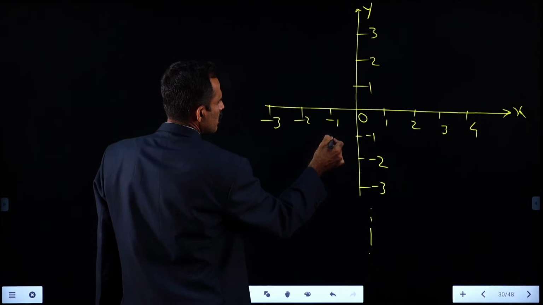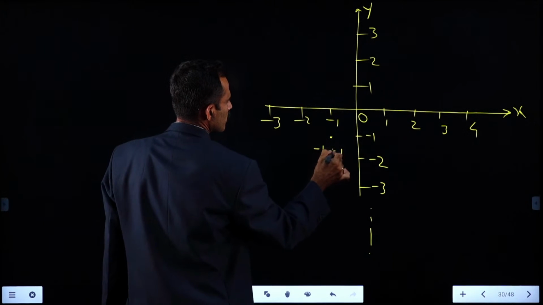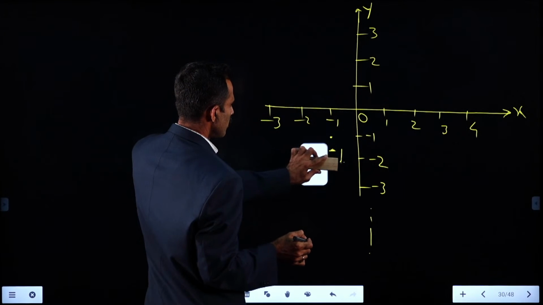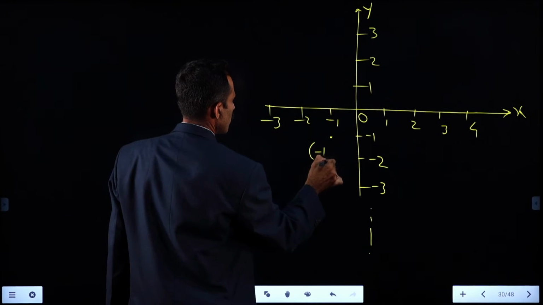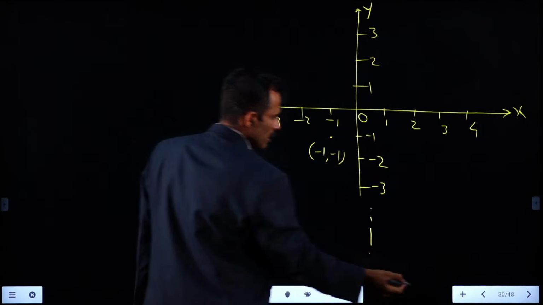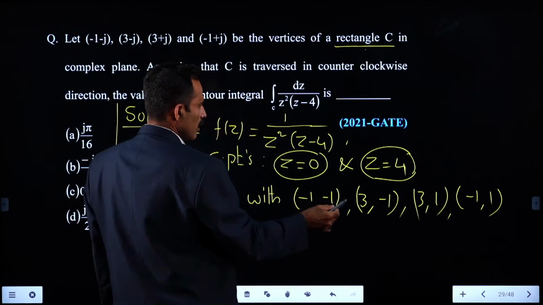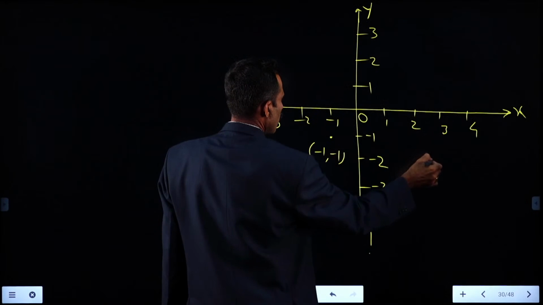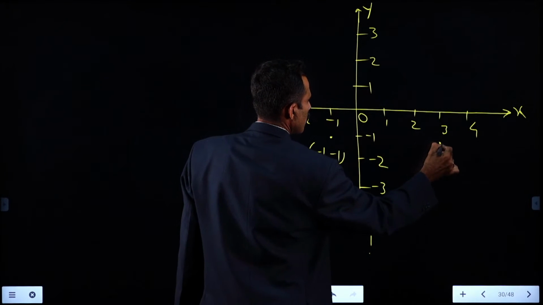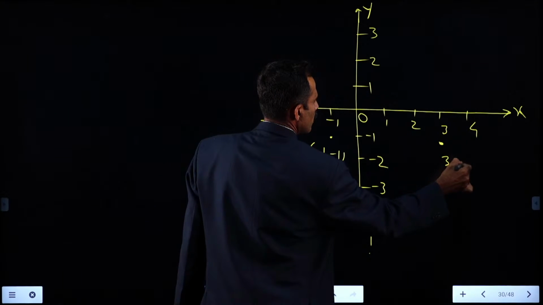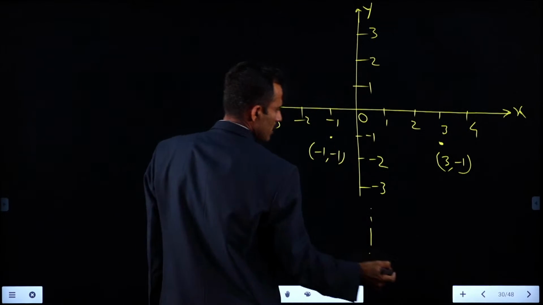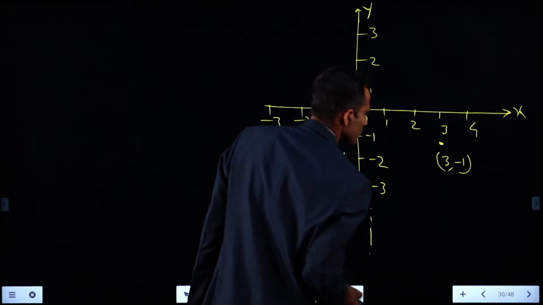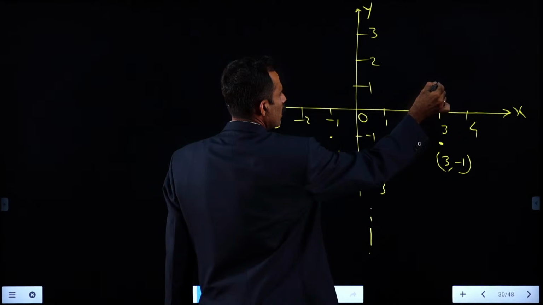Next, the second vertex is 3 comma minus 1. Next, the third vertex is 3 comma 1.